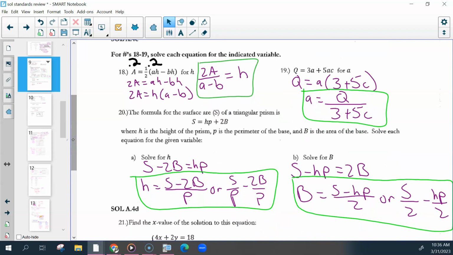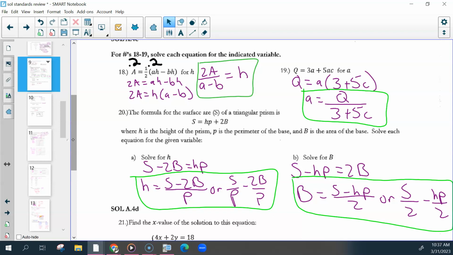So 4C was solving literal equations. This is something you would have had to work out because it's not something you can do on Desmos. So your first step for 18 would be getting rid of the 1/2, multiplying 2 on both sides. And then we kind of talked about this when we did literal equations the first time, but then you would have had to remember that for this.